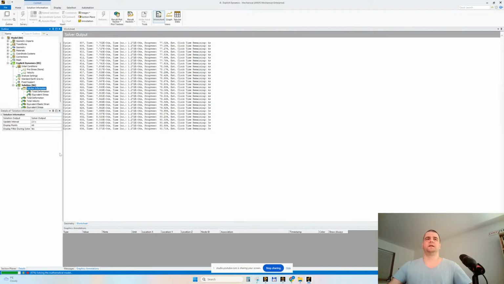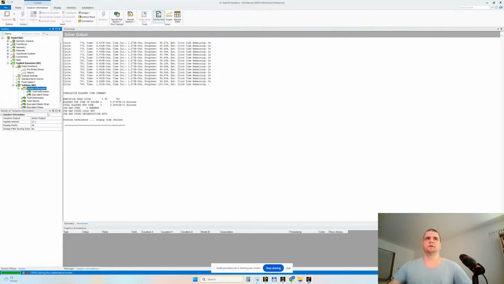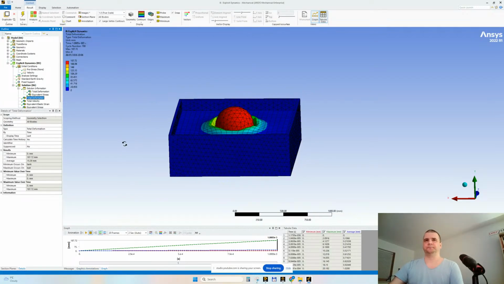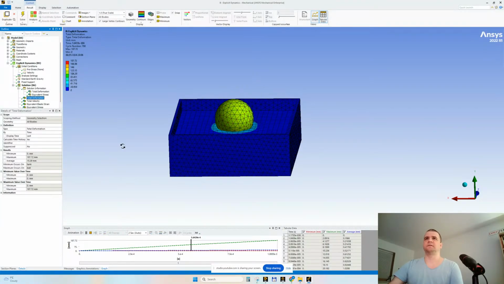This is how the FEA should be done in the beginning, with small, very fast iterations in order to localize and see where the errors are, where the problems are, and the lack of conformity. All right, you'll see in a few seconds. Look here. Let's animate, and we have something like this.